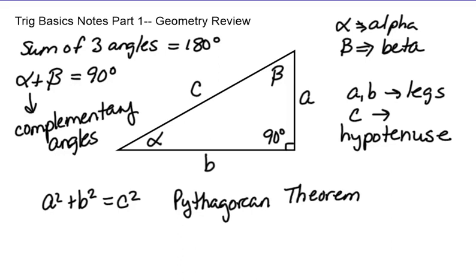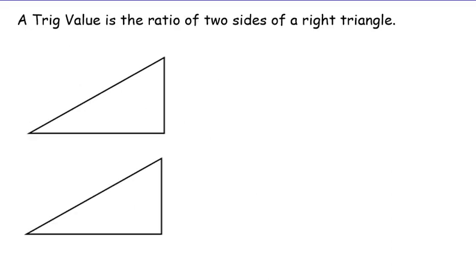in trigonometry. Next, I want you to recall that a trig value is the ratio of two sides of a right triangle. So let's start with our angle alpha, and I'm going to label the sides the way we had before. When we're talking about angle alpha, the side across from the angle, or opposite the angle, we're going to call this the opposite side, which I will abbreviate OPP.